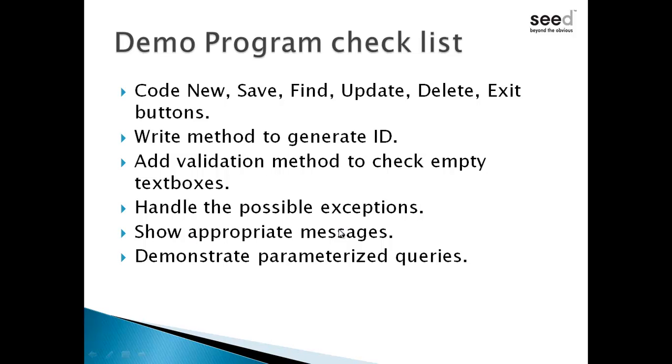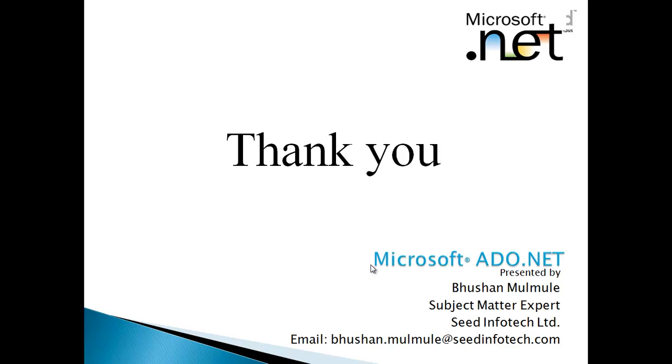Our application is showing appropriate messages to the end user. We are just left with a demo with parameterized query that we will do in the next session. Okay, so thank you for listening to me patiently, and I believe that this video will help you to build your first database application.